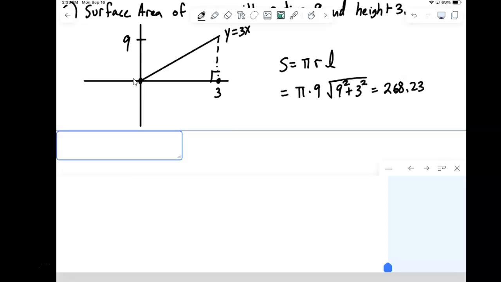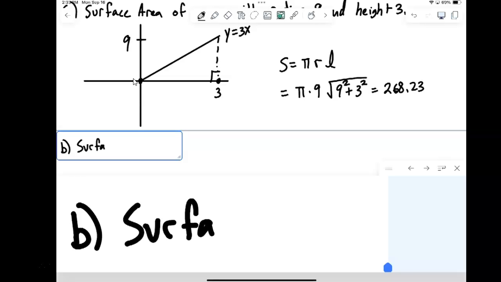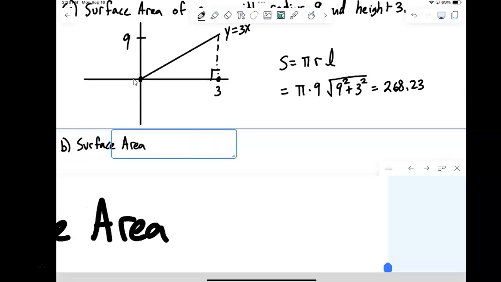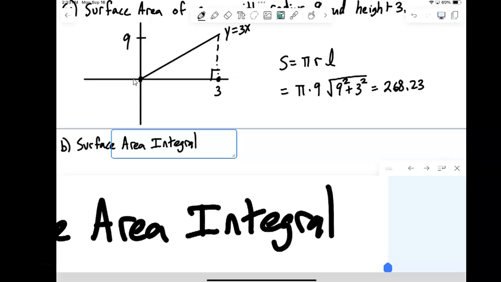Now, again, that is actually the same formula we used in the derivation of the formula we eventually came up with. But now we're actually going to use the surface area integral.